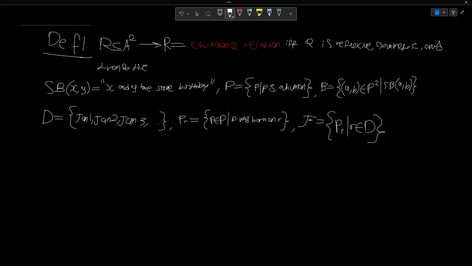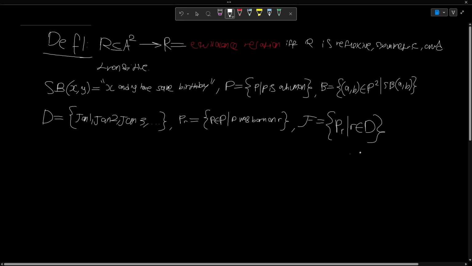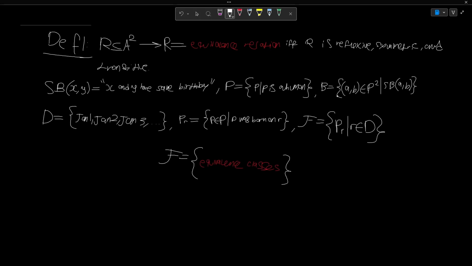The elements of F are called the equivalence classes for the relation B, and every person in the set of all people exists in exactly one set in F here, since you can only have one birthday. We can think of B as pairing each person in P to each other based on if they're in the same equivalence class.